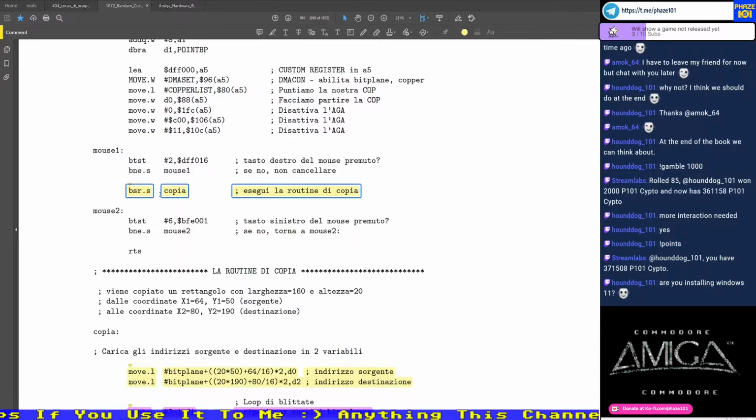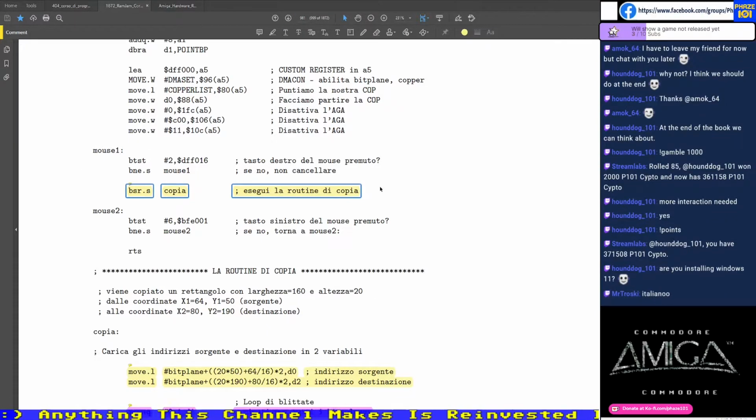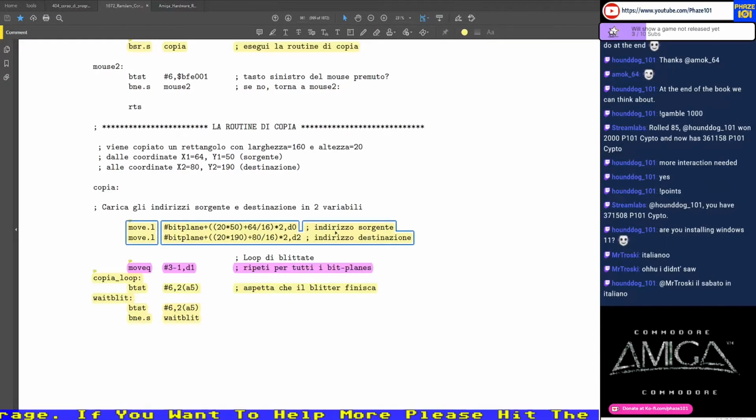This is the routine. The rest you all know. This is the routine that we need to follow or understand. Here is what we are going to blit. Basically, here we are loading the source address and destination address.